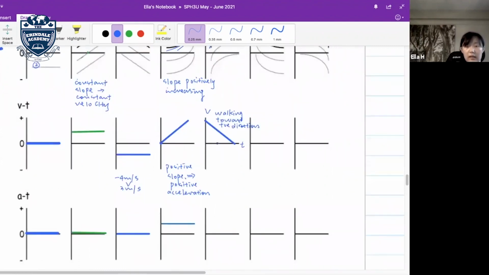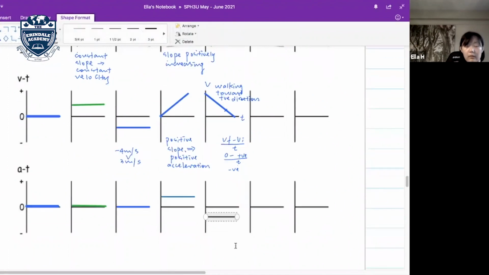So AT is going to be somewhere below 0, because if you do V final minus V initial divided by T, V final is 0, and V initial is something positive. So you will end up with something negative, but constant. Our diagram will be a straight line, but negative.